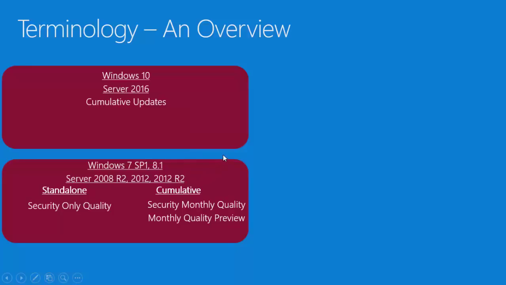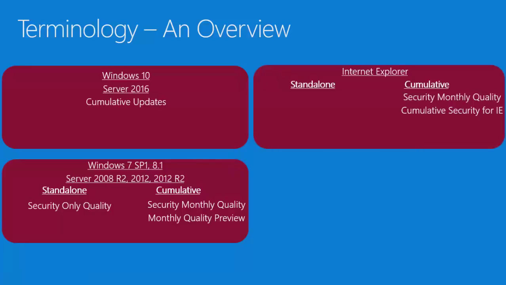There are two other specific update sections that we need to deal with. The first is Internet Explorer. So this has gone through a bit of change over time. We initially, prior to our change, would include the Internet Explorer updates in the releases labeled as security only.